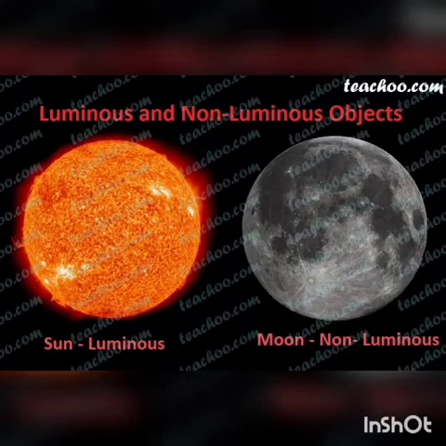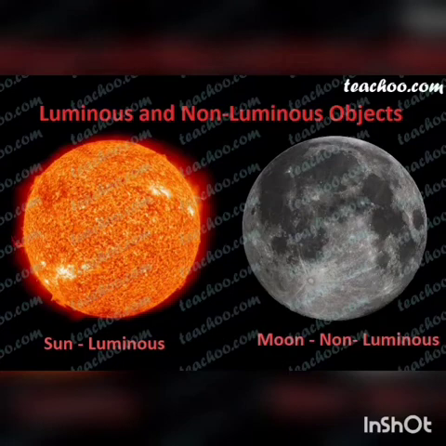As I told you, different objects are classified as either luminous or non-luminous on the basis of whether they emit light on their own or not. If an object emits light of its own, then this object is called a luminous object.